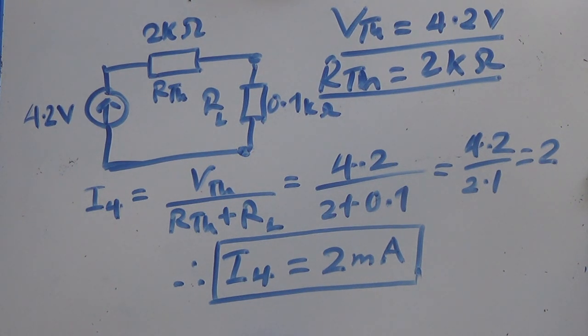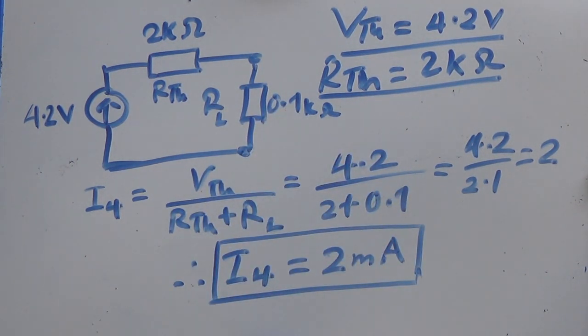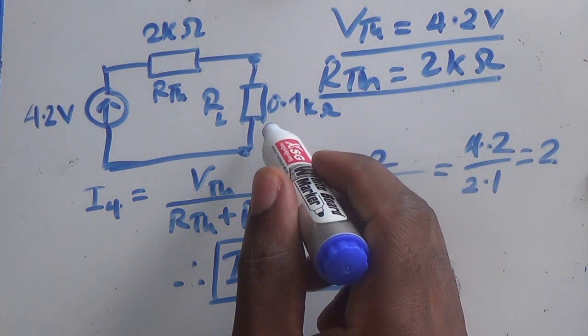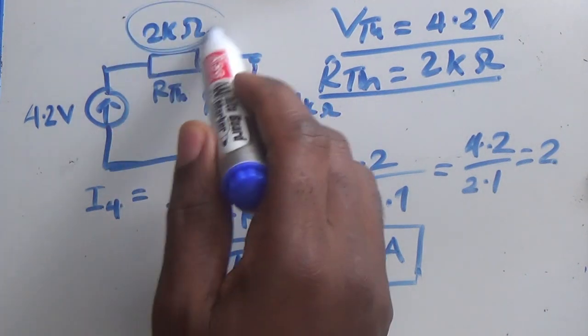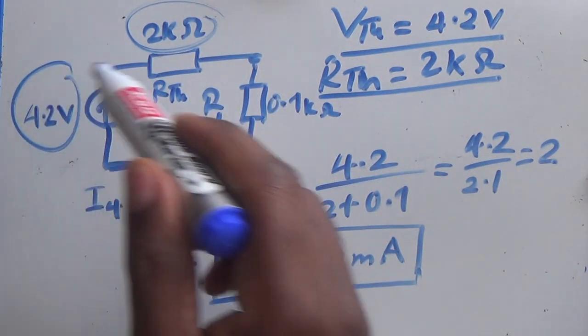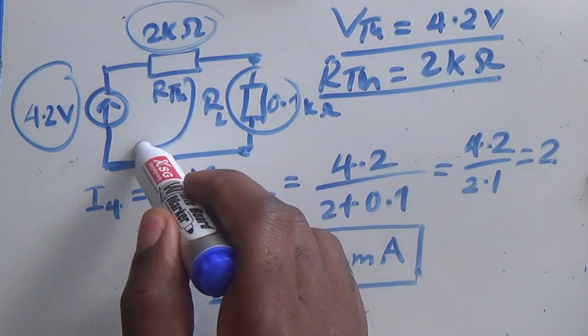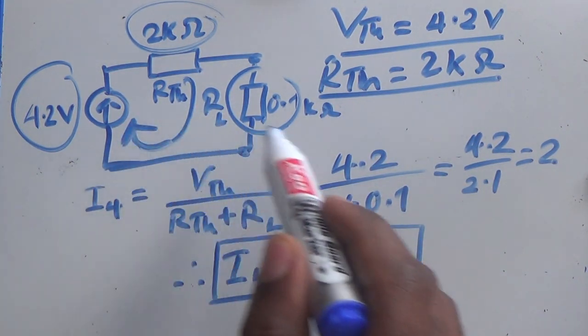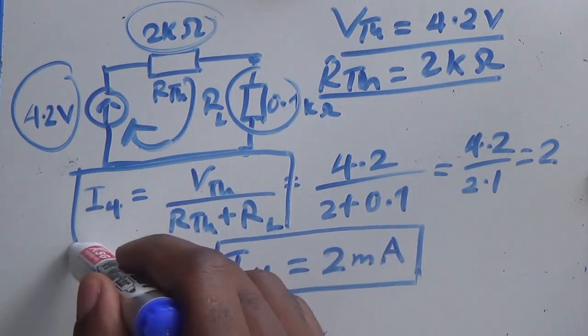You baptize it as the load, then remove it and keep it on the side because you're going to bring it back here. So once you keep it aside, then you work on getting the RTH and the VTH. And then once you bring it back here, you take the loop here, and then find the current I4 using this expression.